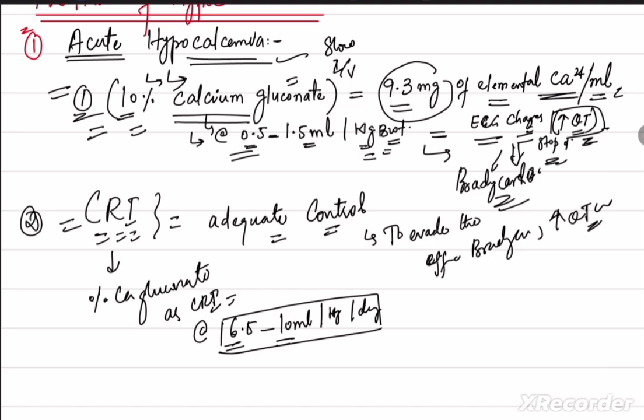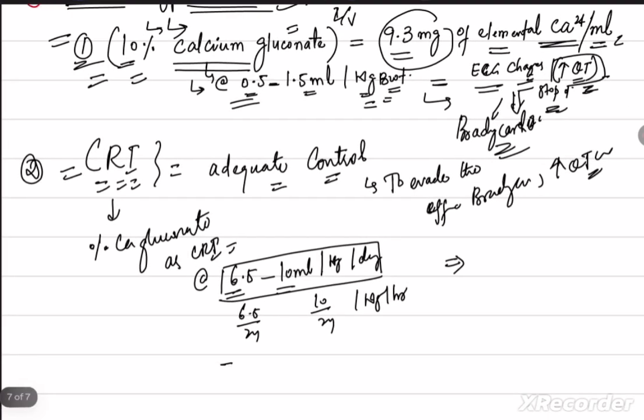Also remember that if you want to give it per hour, it is simple: divide 6.5 by 24 and 10 by 24, and it will give you the rate per kg per hour. You just calculate it and it will come out like that.